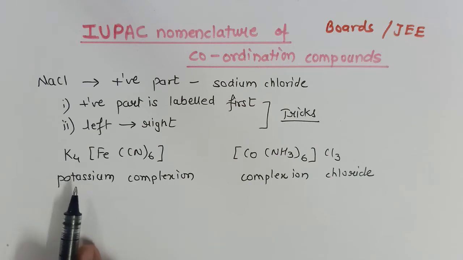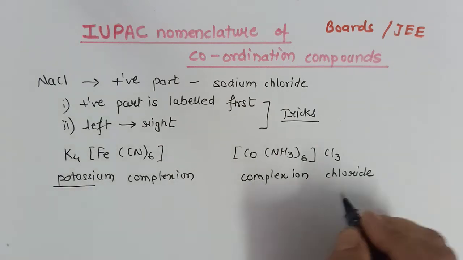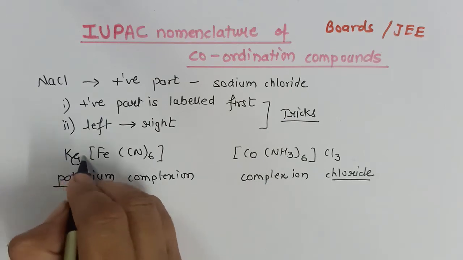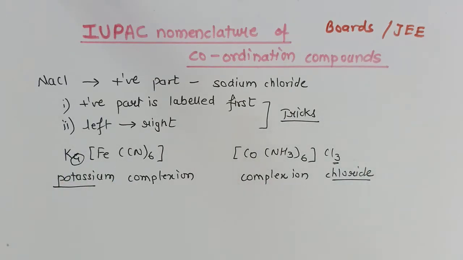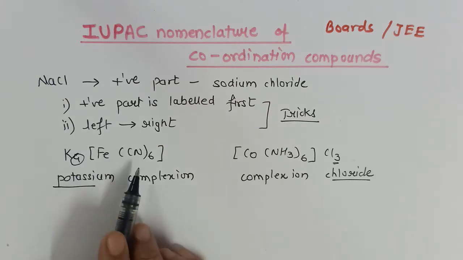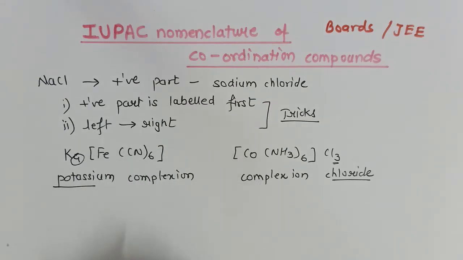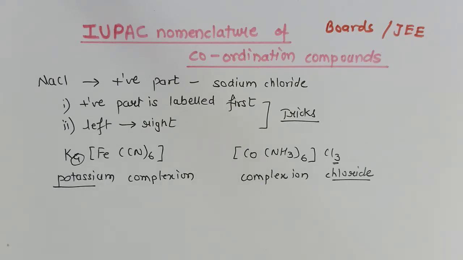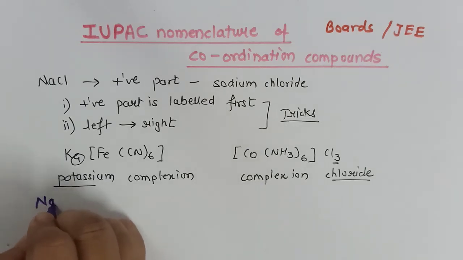Now when we are labeling the counter ion, you can see I have written only the name irrespective of the number. Whatever number is there, we do not mention the number of counter ions, that will be mentioned in the ligands. So when these things are clear, we'll move to the naming of the complex ion.